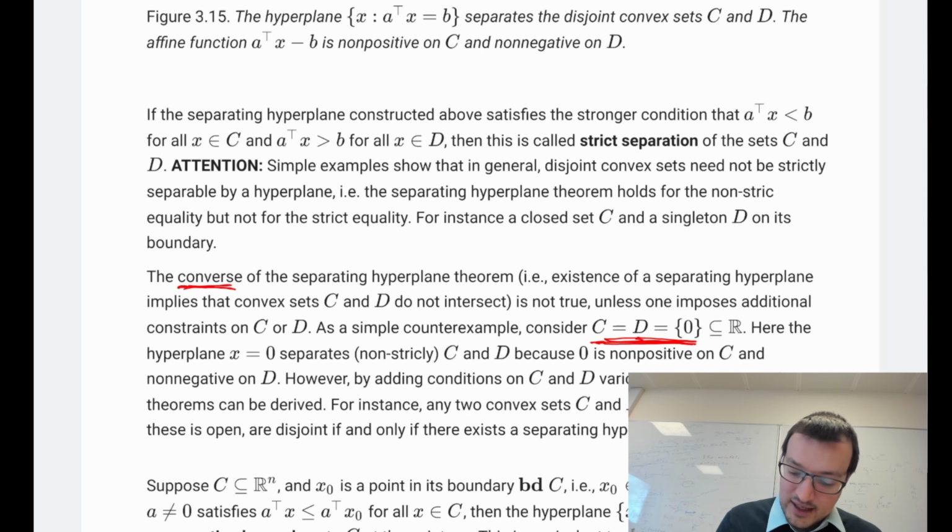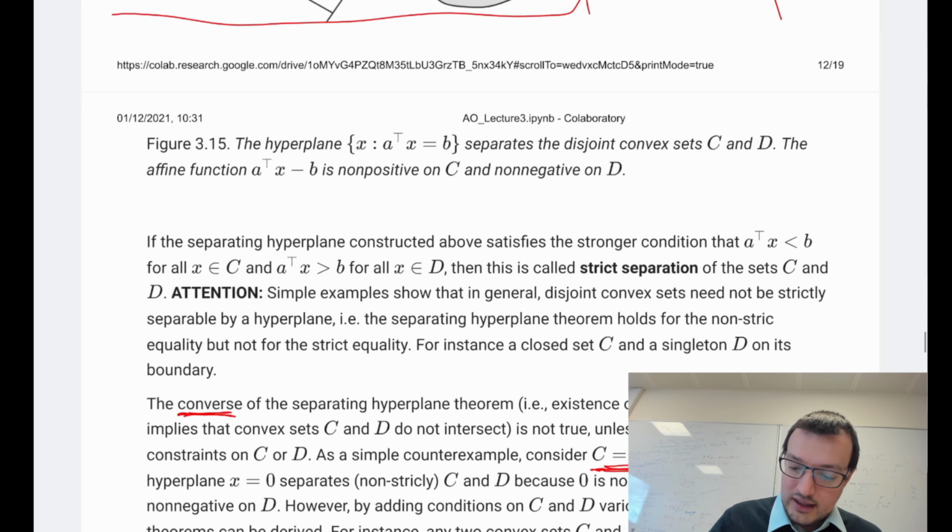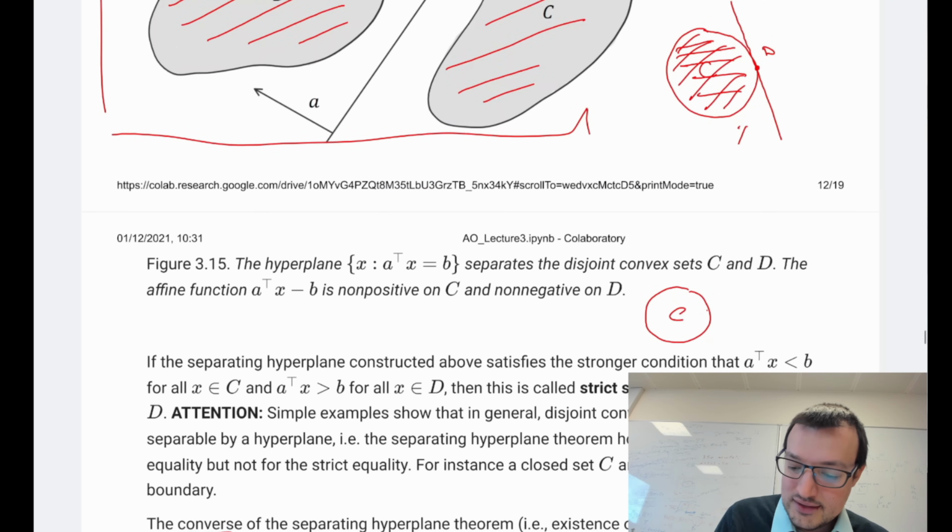As an example, we can now look at a set C which does not have the boundary, so it's an open set. Let's look at this example that I constructed over here. If now C does not include the boundary, you see that the separating hyperplane that we have here implies that C and D are disjoint.